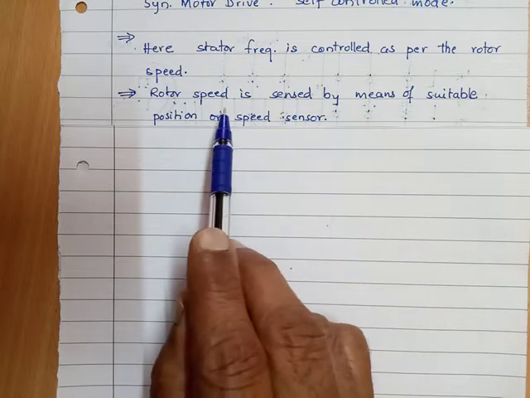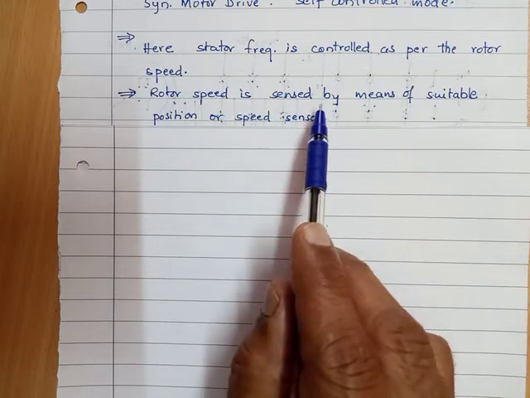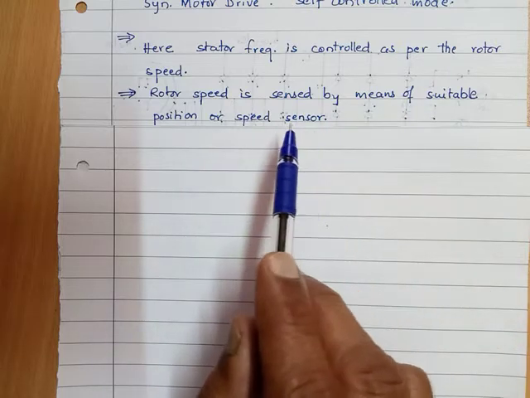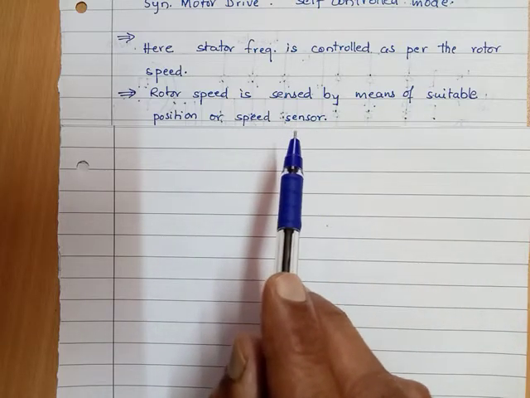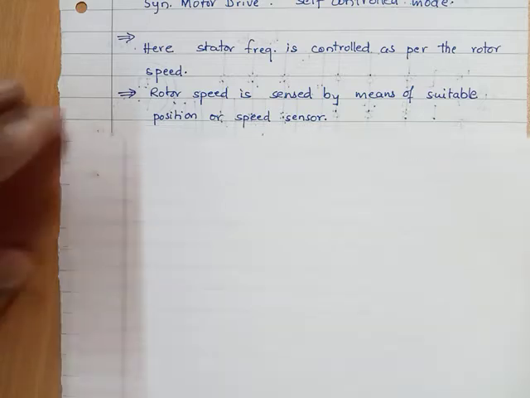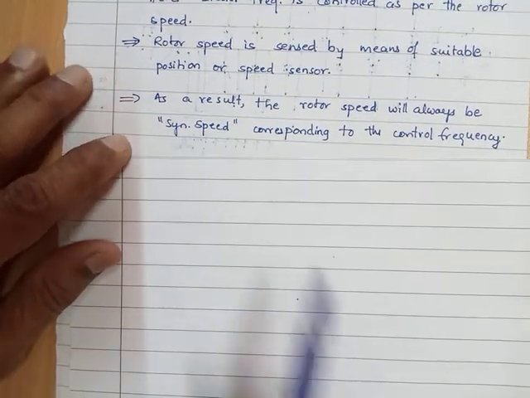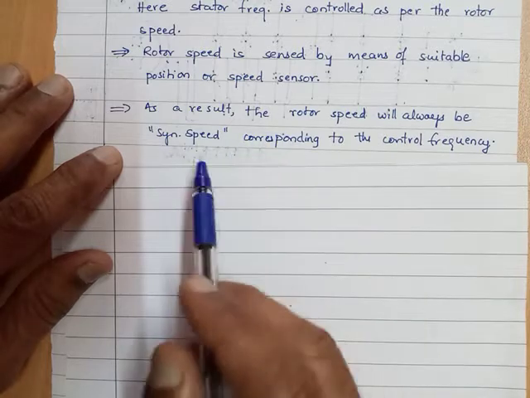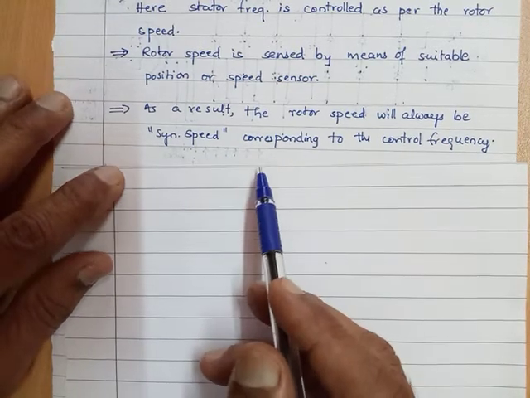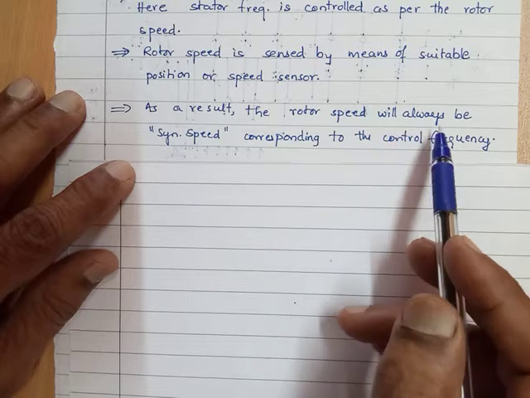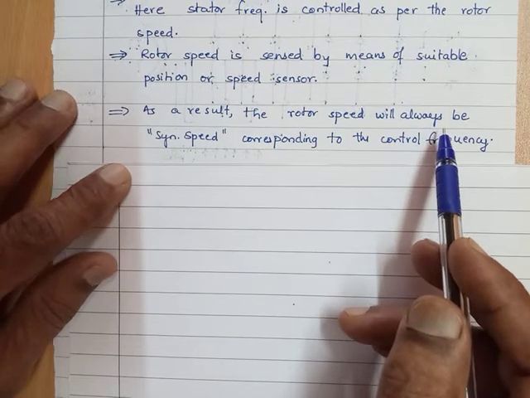Hence the rotor speed is sensed by means of a suitable position or speed sensor. We require that speed sensor, and as a result of sensing the speed of the rotor and generating the frequency, we give it to the synchronous motor stator.